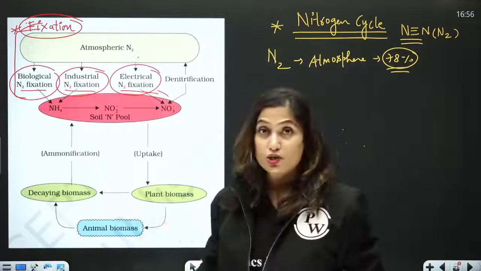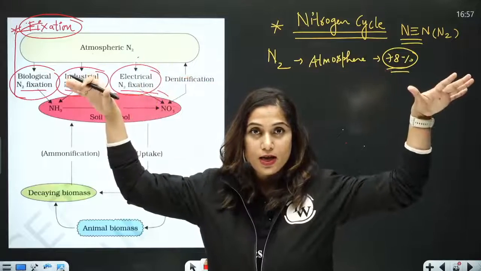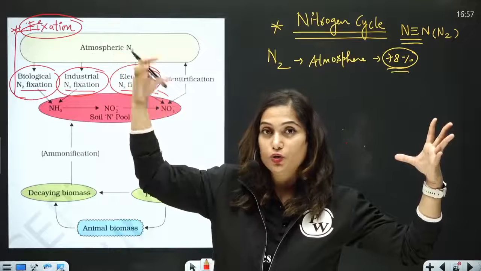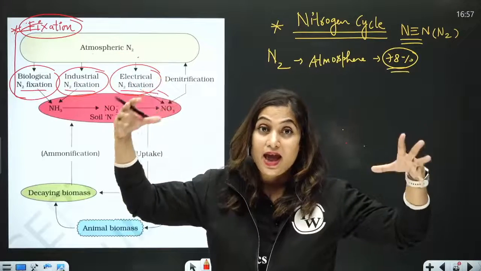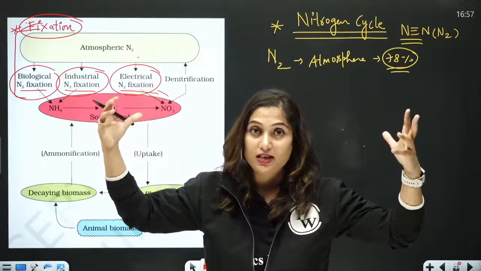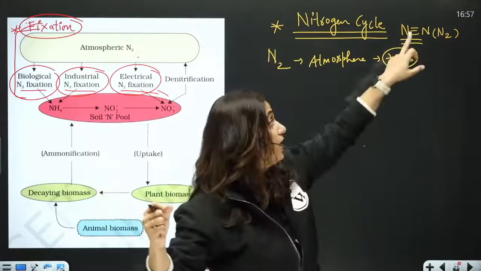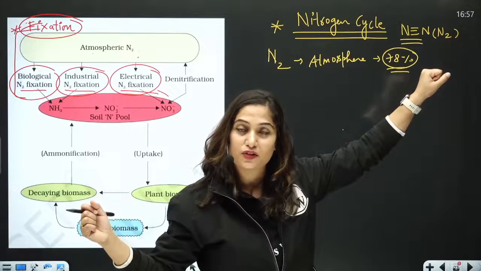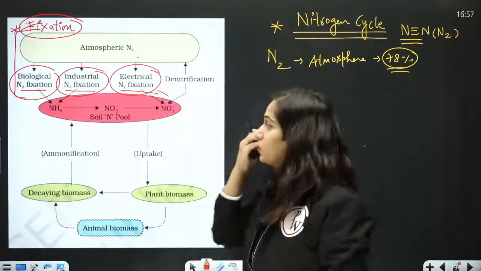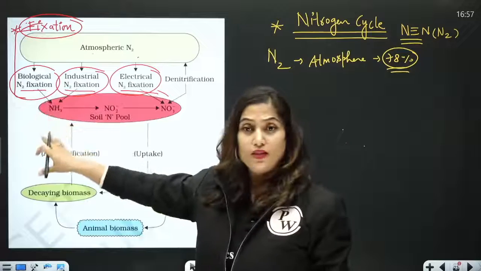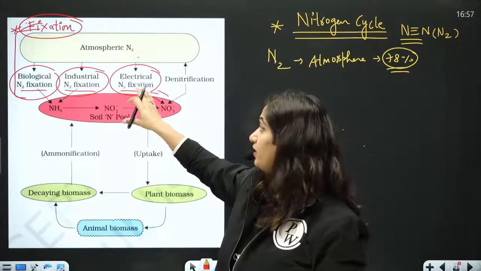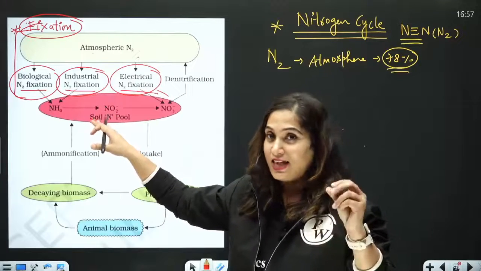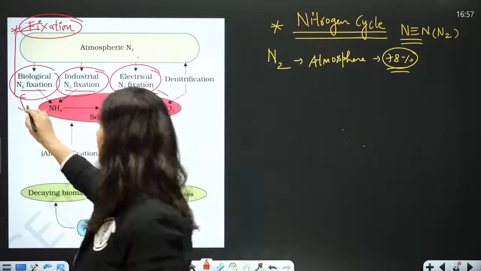Electrical nitrogen fixation occurs in the atmosphere, when lightning and UV rays have enough energy to break the triple bonds between nitrogen atoms and convert them into oxides of nitrogen, right? So fixation can be done with the help of industries, electrically in the atmosphere with UV rays and lightning, and by bacteria.